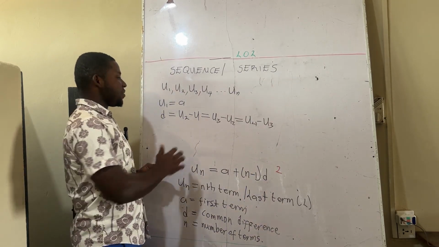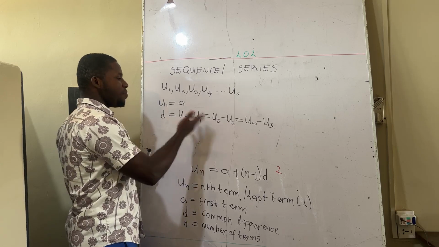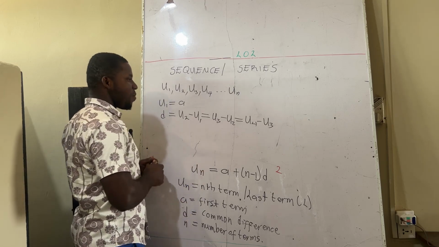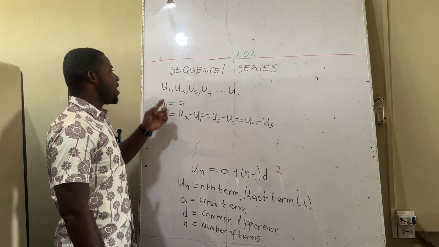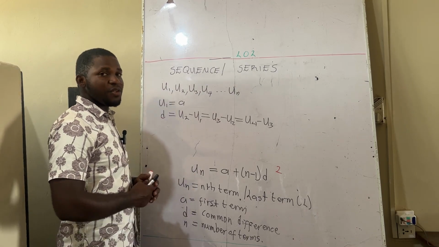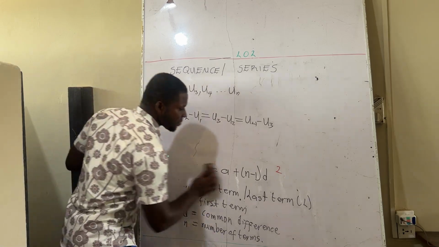We can decide to take only U2 minus U1, and you get the common difference. Let's look at the first example.